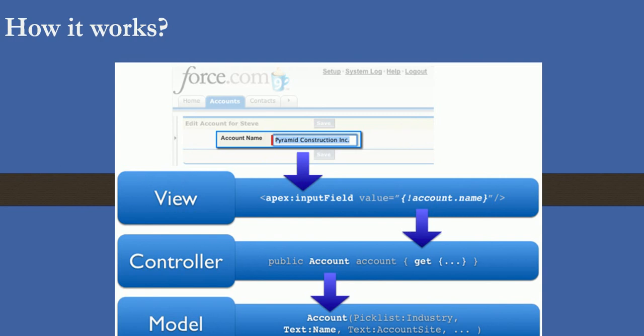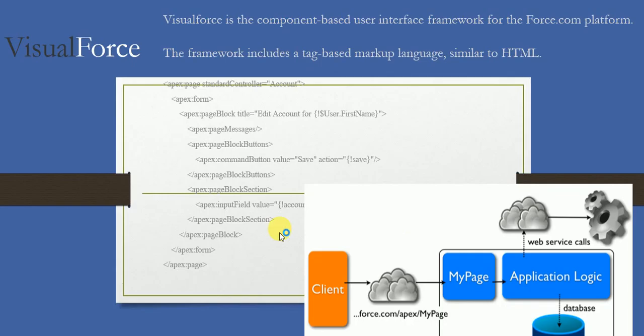There is a standard controller that we use, account. That standard controller is the controller, and that will call the database, that is the model, where we can see the name field and industry field and all that. And lastly the view, you can see that this is the view page, and that's how it will work. So that was all from my side for the Visualforce page, first page.